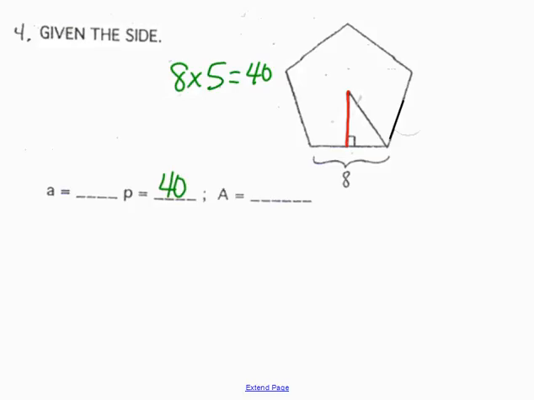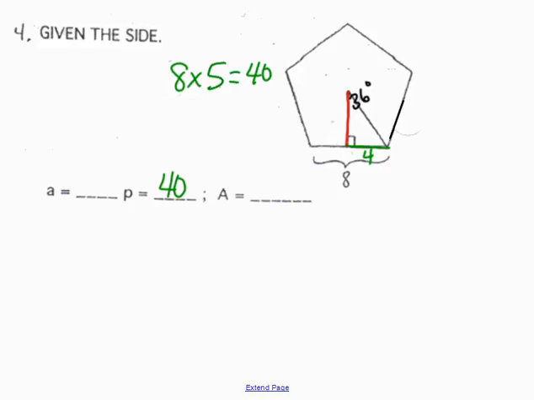The problem is that we don't have the apothem. Well, remember what this top angle is. Remember that's 36 degrees. And this bottom side of the triangle right here is going to be 4. So we can do the tangent of that angle to get the apothem.